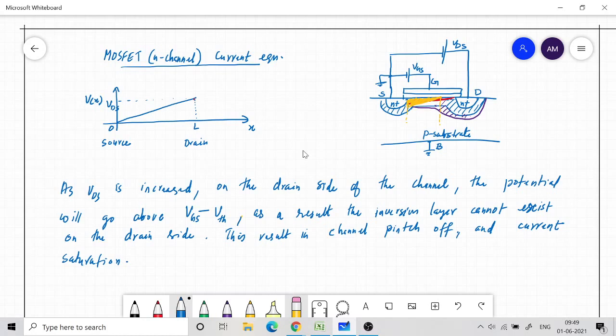And how does the current flow? Let me write that also.